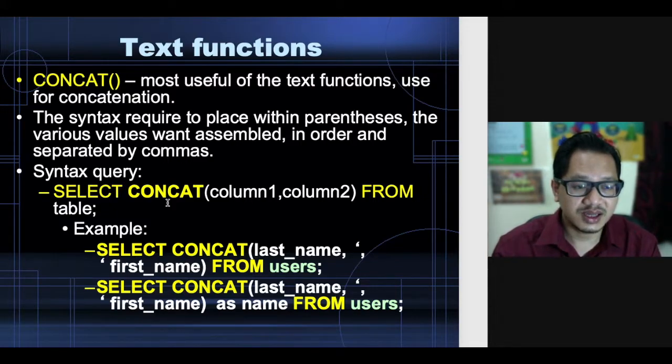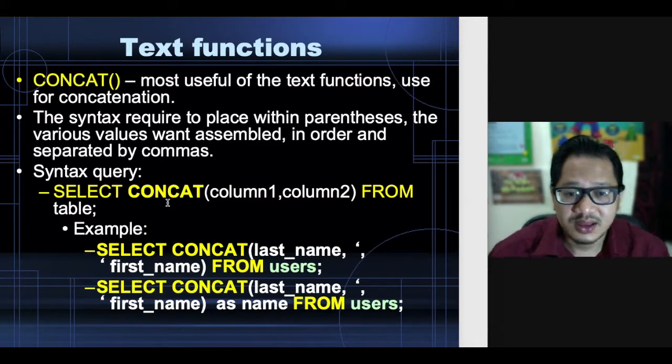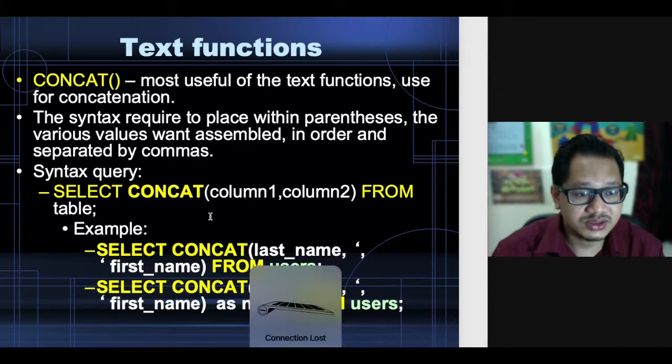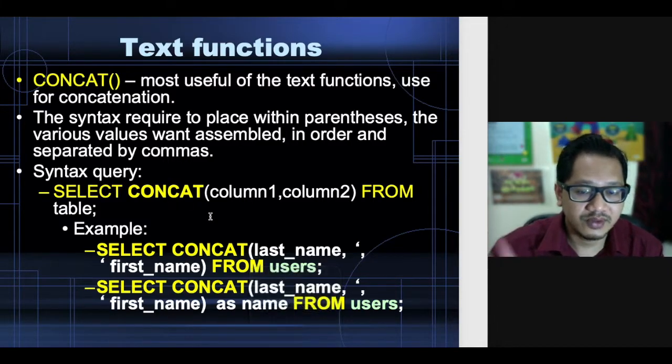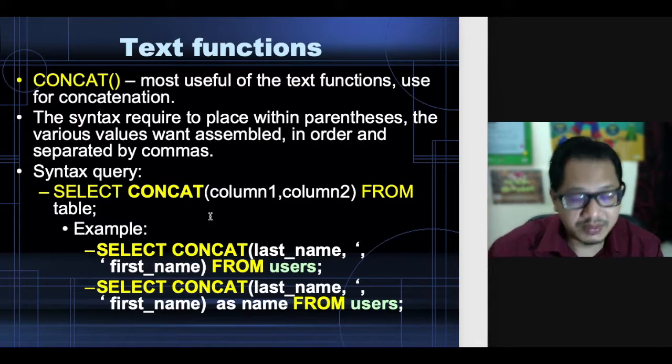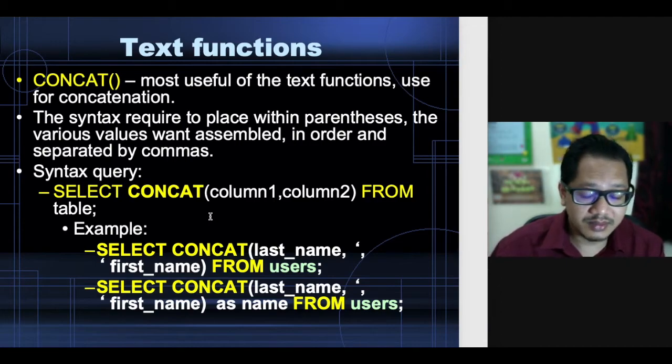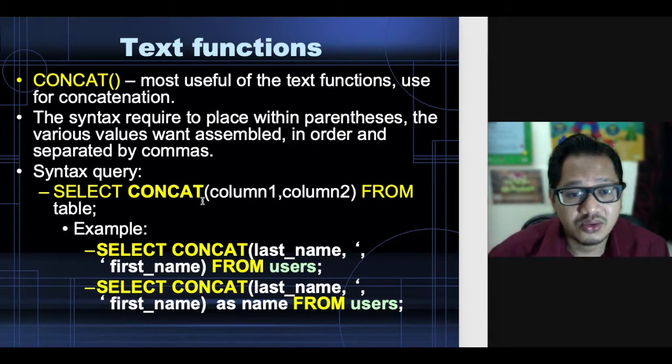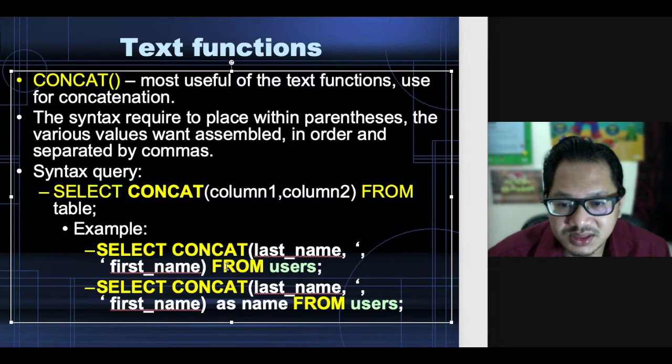Concat ni dia akan attach together, combine the words from that column and this column. For example, for the first name and second name, if you concat, dia akan combine. Mungkin initial name dia table lain, last name pun table lain. If you want to select the full name, kita kena guna concat. Last name, first name from user.